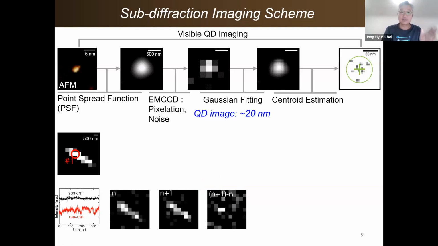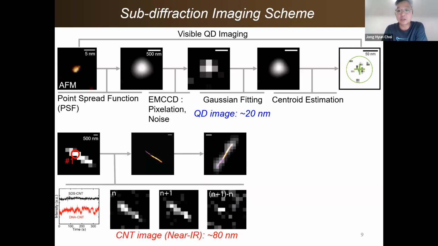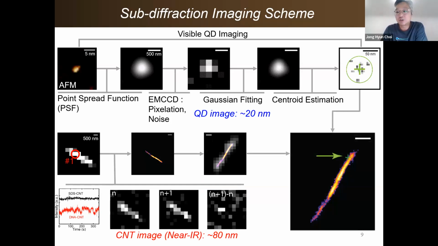Then you can apply sub-diffraction superposition imaging methods, localization imaging, on these isolated emission centers, so that you can reconstruct the sub-diffraction image of the carbon nanotubes, and also look at the quantum dot so that you can track the DNA.